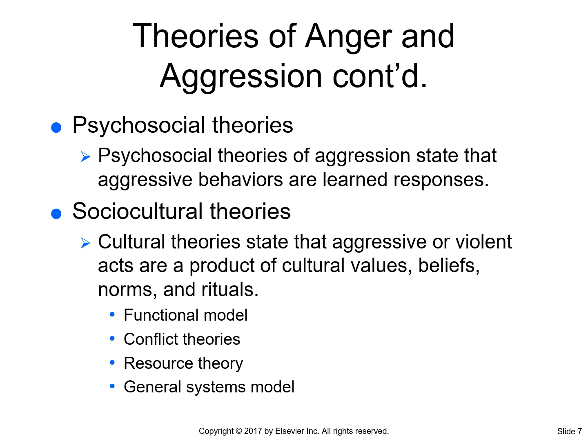So, for example, if a child grew up in a household where everybody's fighting, the psychosocial theorists believe that when they grow up, there's a high risk that the patient will have that kind of aggressive behavior. Sociocultural theories state that aggressive or violent acts are a product of cultural values, beliefs, norms, and ritual.